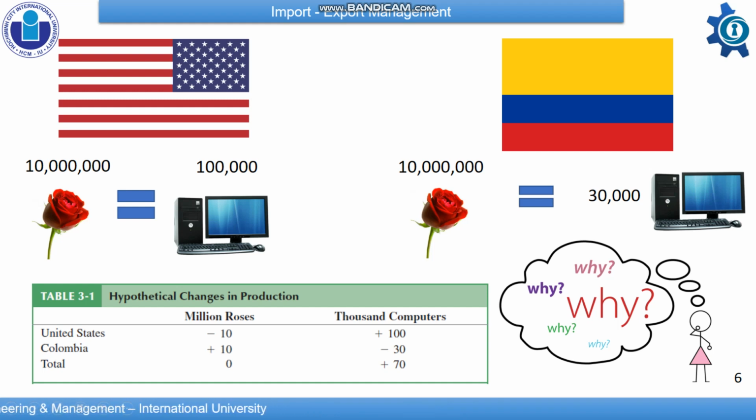We can see, if we do international trade, the total roses provided in the world is the same, that is 10 million roses, but the number of computers produced in the world increases by 70,000 computers.